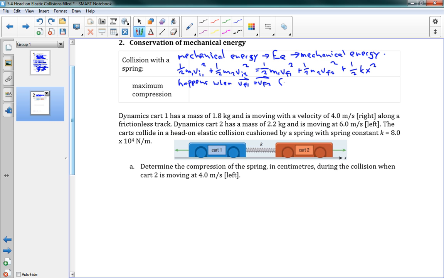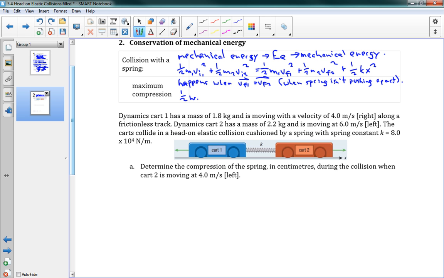So that's when the spring isn't pushing them apart. Right, when the spring is at its max compression, it's not accelerating, there's no acceleration there. Or I shouldn't say there's no acceleration, but it's not pushing them apart.